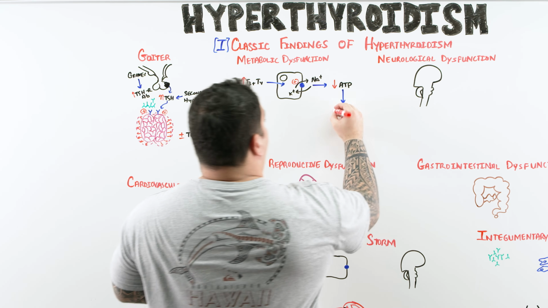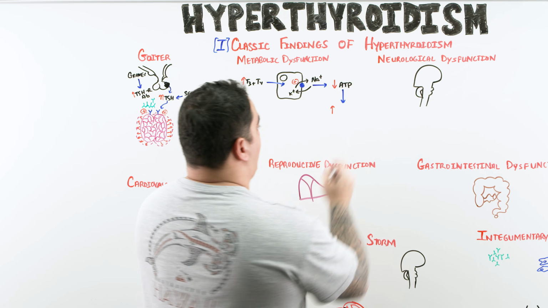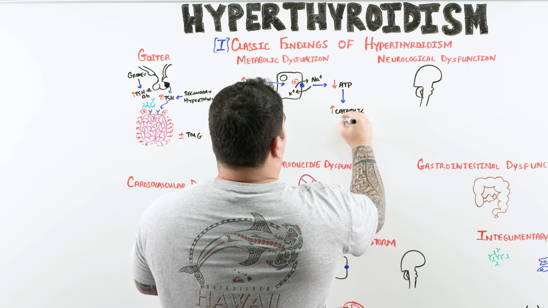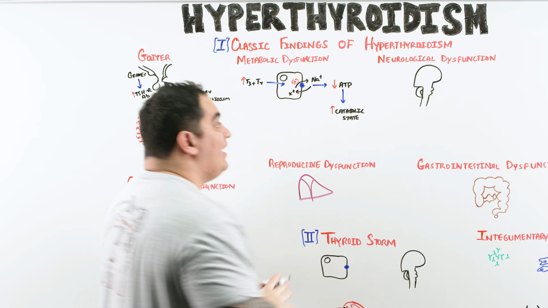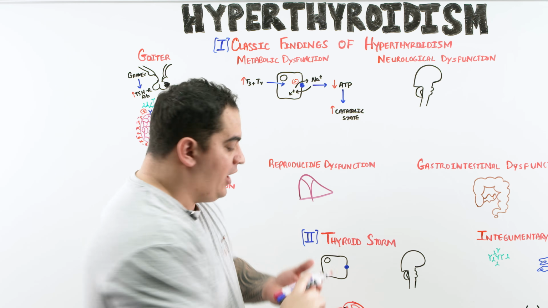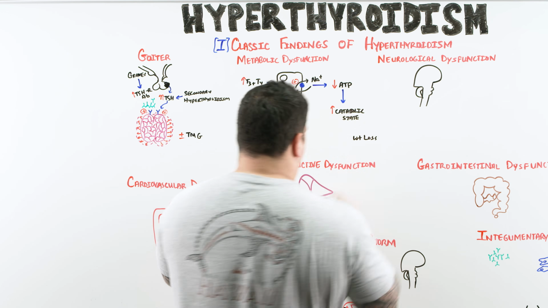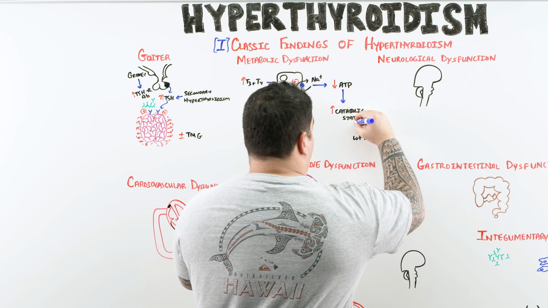So it'll cause an increase in your catabolic state. When you cause an increase in the catabolic state, you will start breaking down tons of nutrients. So this will lead to weight loss. You're going to start experiencing weight loss because of this.